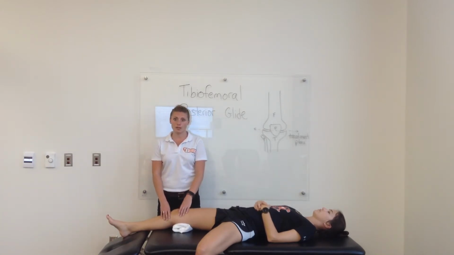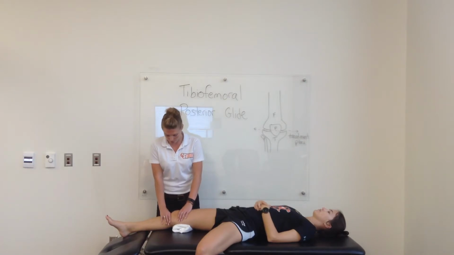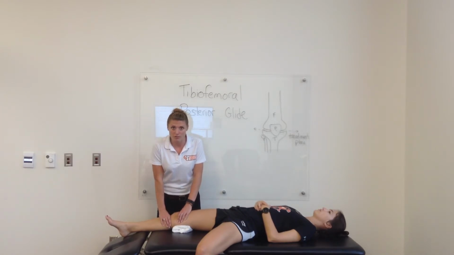You're going to perform a joint glide for 30 seconds at either grade 1, 2, 3, or 4, depending on the patient presentation. So we're going to be performing the glide. And again, as you perform the glide, you should be assessing for patient tolerance, asking about their pain, making sure that it's comfortable for the patient.